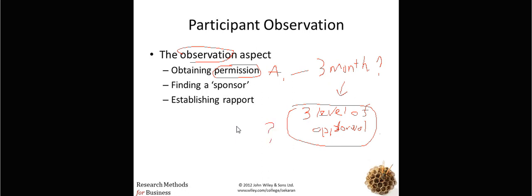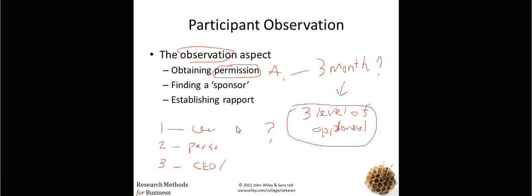3 level of approval ni bermaksudnya 1 level from the company, then 1 level from the persatuan, dia ada society dia. Okay. Then third one from the CEO or lembaga pengarah, so on.